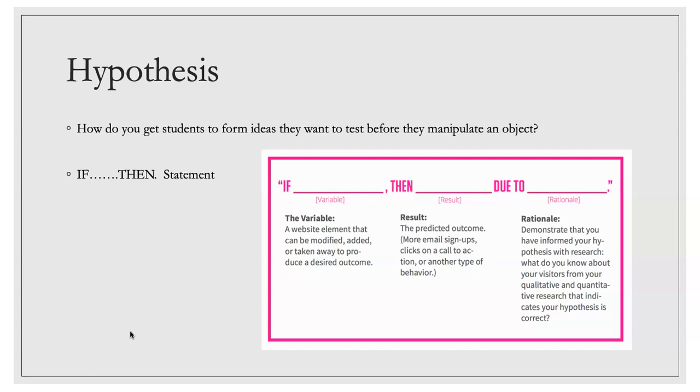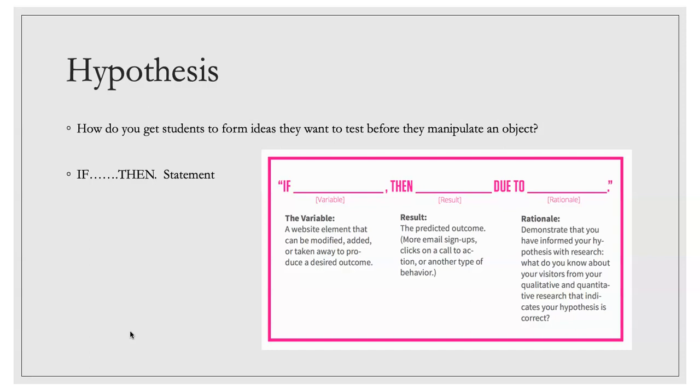Something that's really important, in a lot of the standards you chose, the students need to develop an experiment. And an experiment is only going to be as successful as your students' ability to come up with a hypothesis. So how do you get your students to form ideas they want to test before they manipulate an object? Basically, they need to learn how to write a hypothesis.